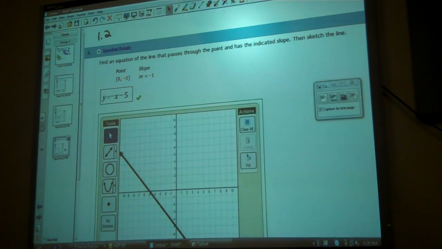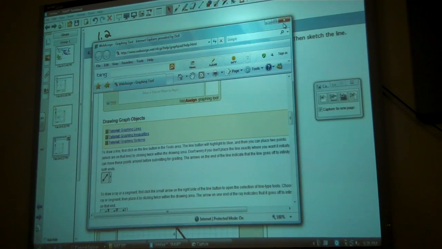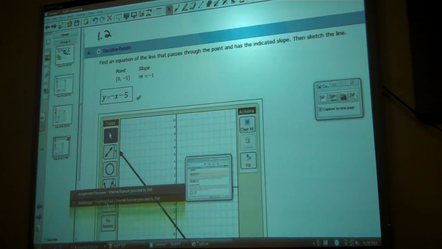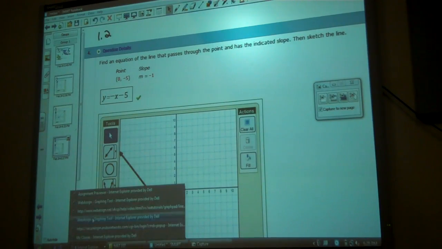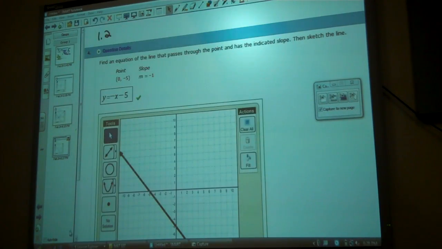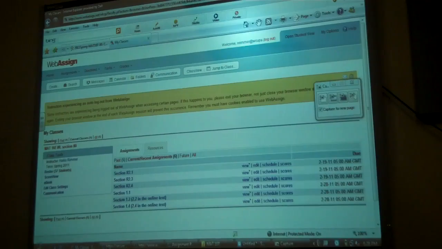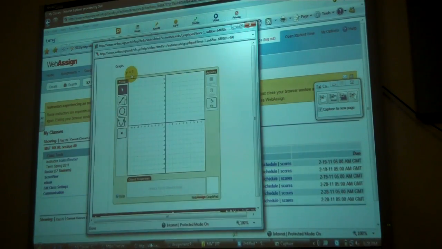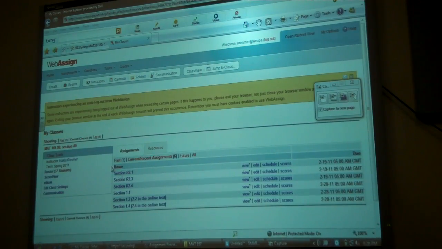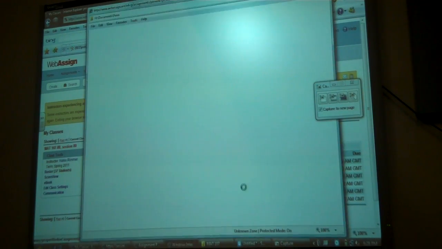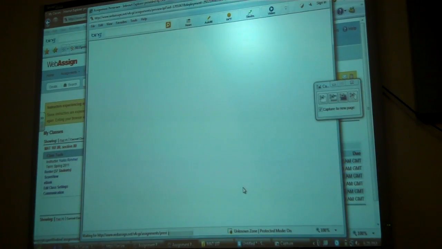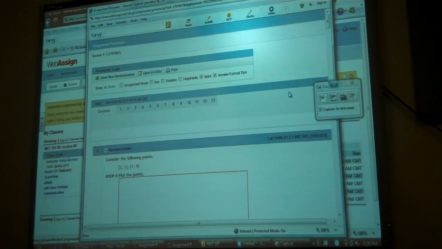Yeah, 1.1. 1.1, number 3? Number 3? Yep.